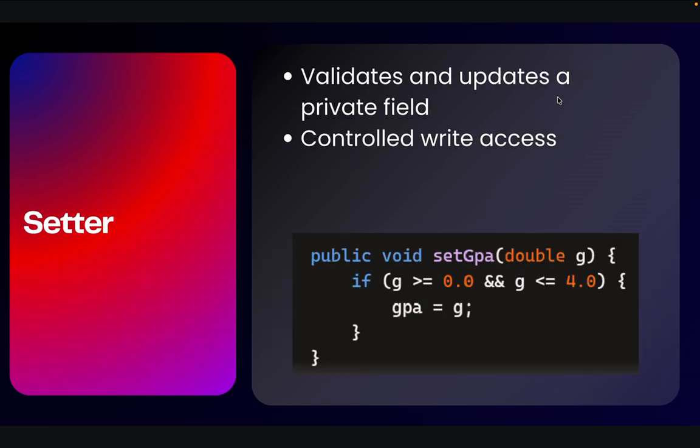With your setter, this is going to validate and update your private field, so it does give you writing access. In this case, again, it is public, but you see we're using void here.